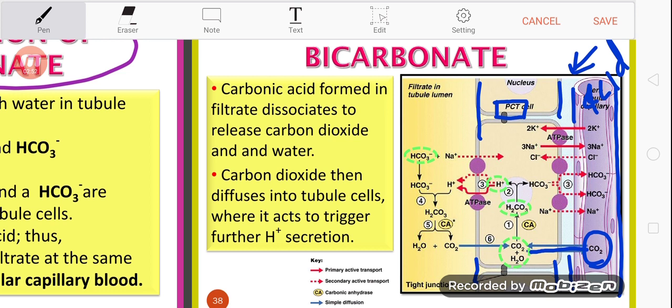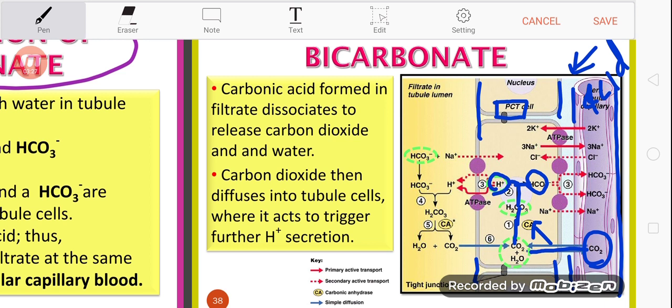Carbon dioxide diffuses easily into this cell, and this carbon dioxide will combine with water, forming carbonic acid with the help of this enzyme over here. Once formed, the carbonic acid will dissociate back into hydrogen ion and bicarbonate ion.